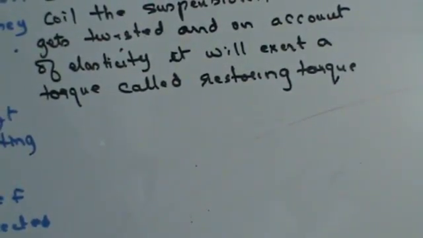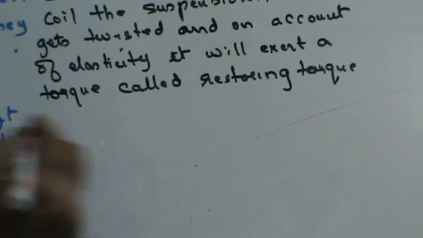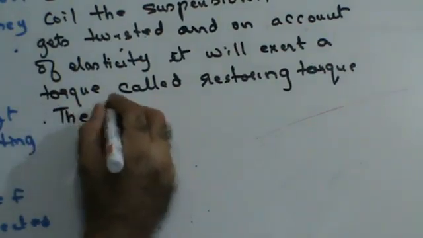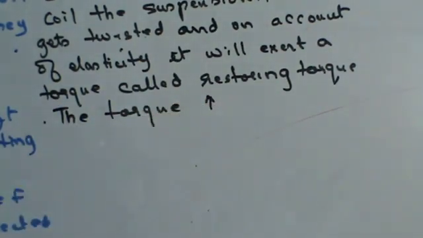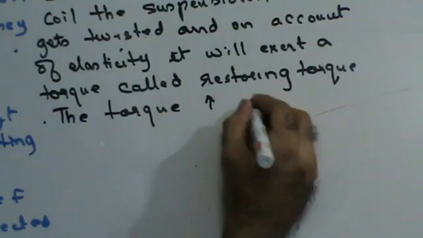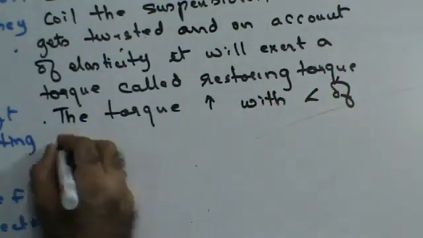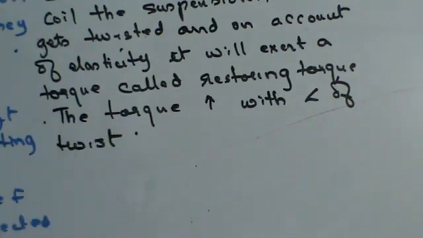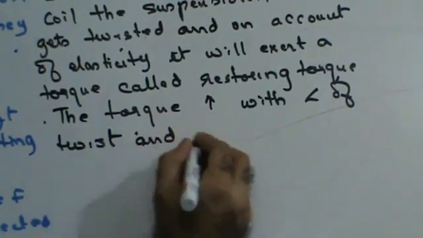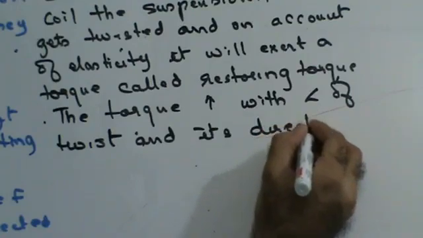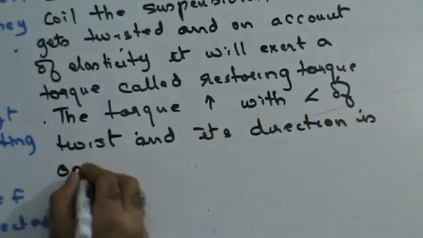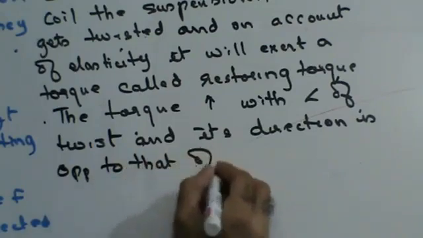The torque increases with the angle of twist, and its direction is opposite to that of the deflecting torque.